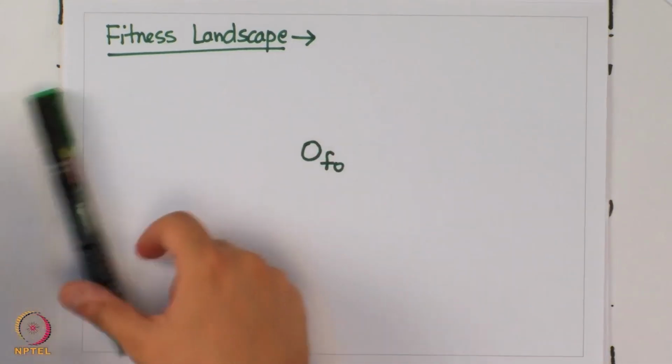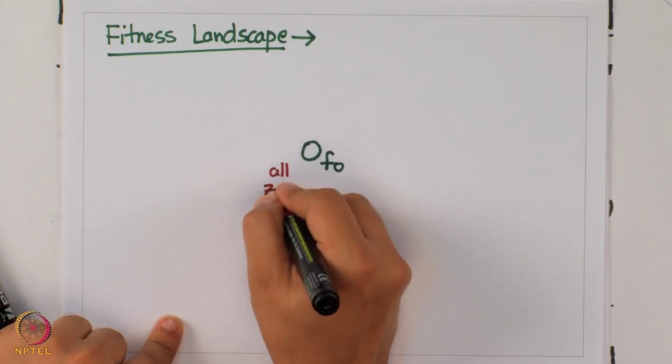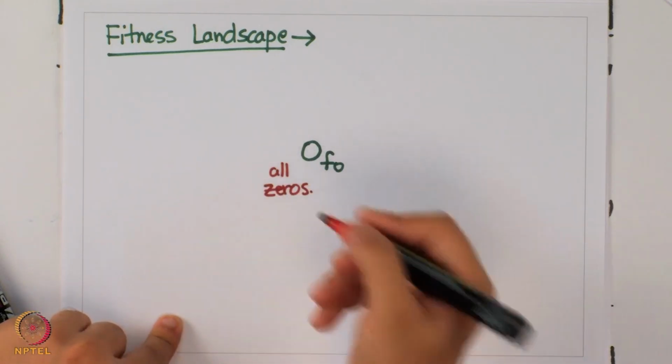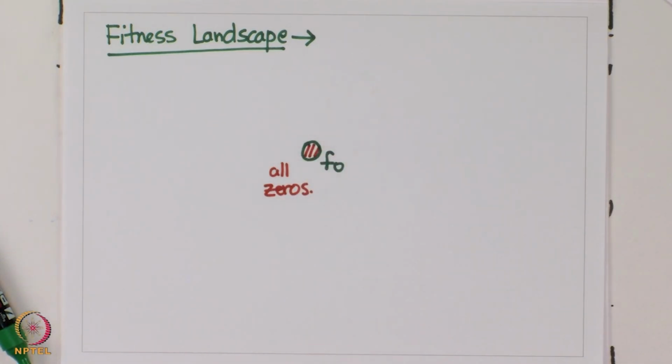This is my all zeros node. How many neighbors will this node have? Maybe take a few seconds, pause the video and think about the number of neighbors that this node is going to have on my fitness landscape. The number of neighbors for this particular node is going to be exactly L.